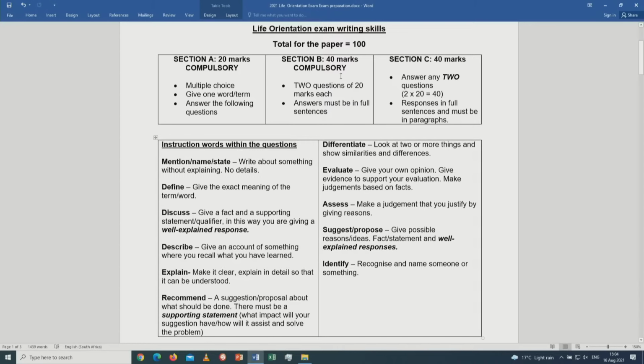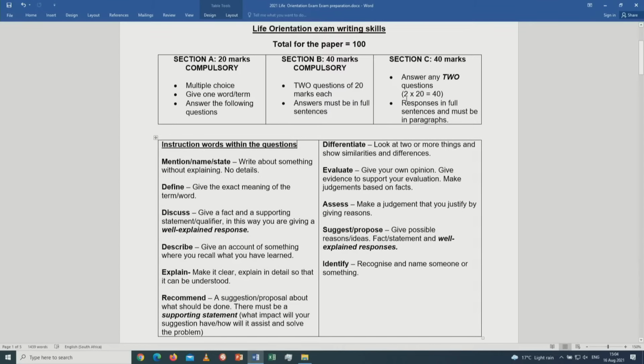Same with Section C. 3 questions will be asked, of which you are expected to answer only 2. Remember, when the instruction says answer any 2 questions, and there are 3 questions, as is the case with Section C, you only answer 2.